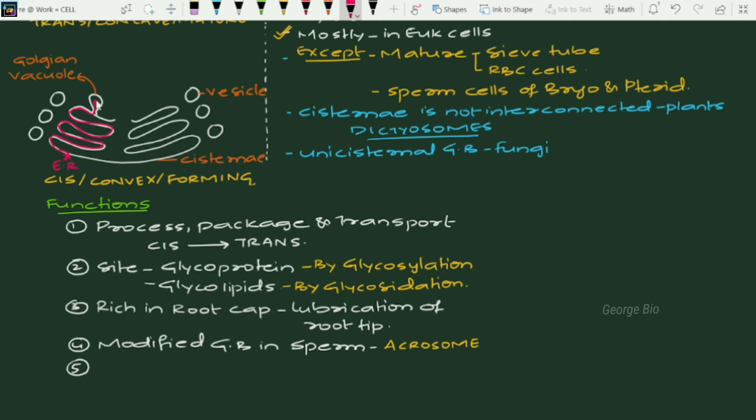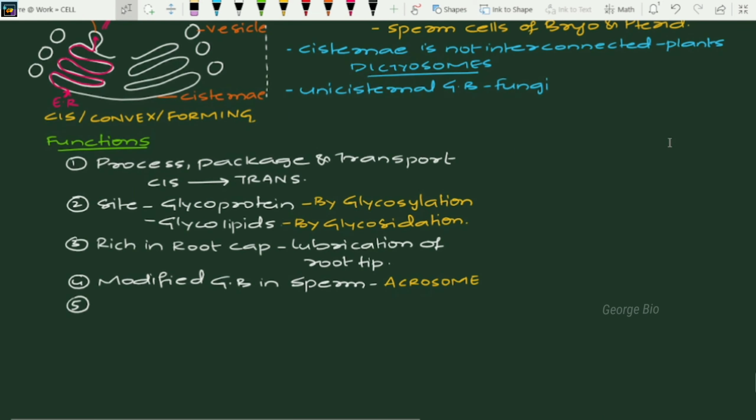These enzymes fill the Golgi vacuole and become primary lysosomes. It means primary lysosomes are synthesized from the trans phase of Golgi bodies. So another function is that it helps in synthesis of primary lysosomes.